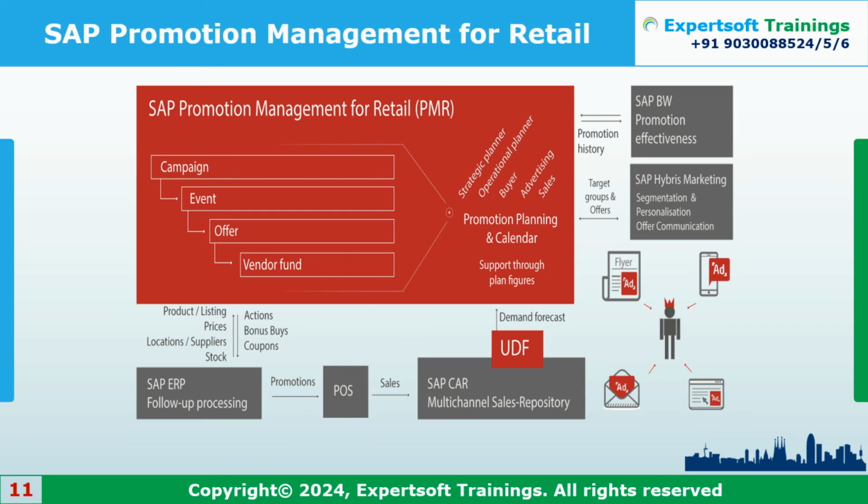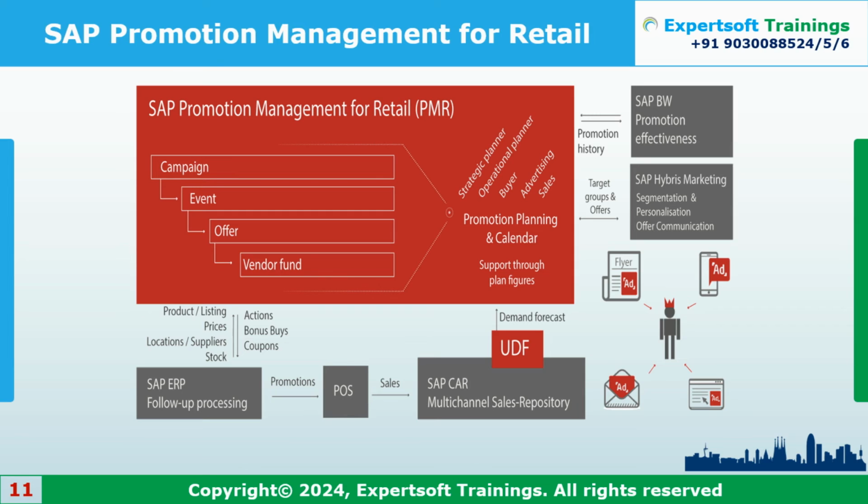And then once the promotions get planned or created within CAR, you feed that data to your SAP ERP or S4 system, so by as bonus buys. And then that again gets fed to POS, because ultimately how will that promotion be used?